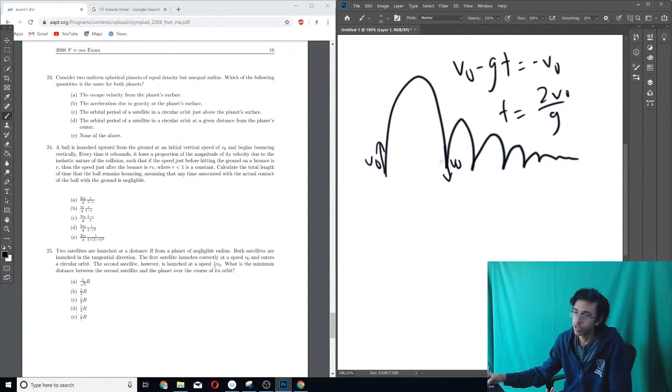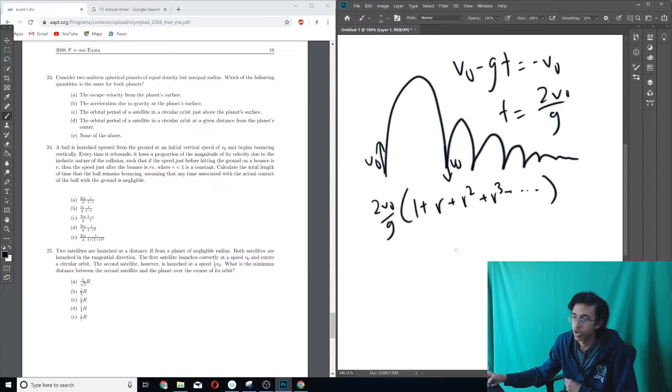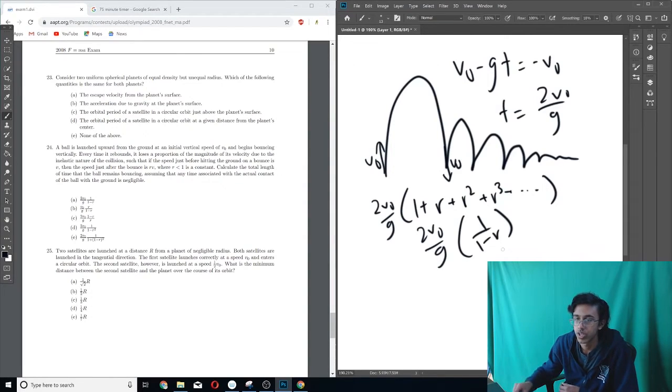So basically, the next time it's going to be rv0, and then the next time it's going to be r squared v0, and it's just going to keep multiplying by r every time. So this is like a geometric sequence. So we have 2v0 over g times 1 plus r plus r squared plus r cubed plus dot dot dot. And then this is just an infinite series, so it would just be 2v0 over g times 1 over 1 minus r, which is A.